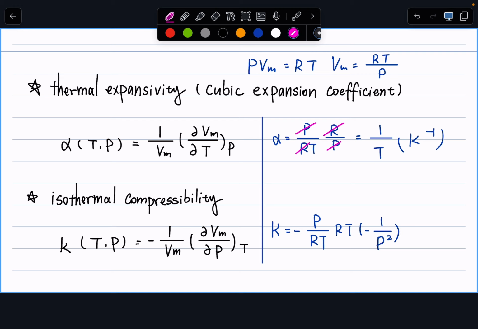So lots of things cancel out. Your RT cancels out with RT, one of the P cancels out with the P, the negative sign cancels out. So your chi, the isothermal compressibility, will have the unit of 1 over P or 1 over bar or torr or Pascal, whichever pressure unit you like.